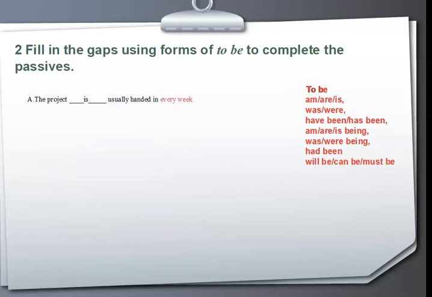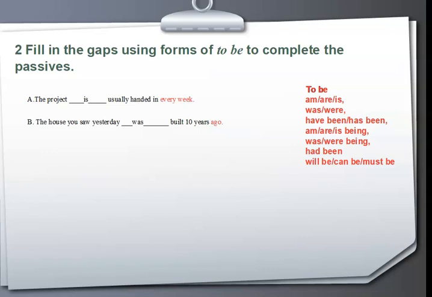So, the project is usually handed in every week is the correct option for the first sentence because we're dealing with the present simple tense due to having every week in the sentence. Okay, every week tells us we are dealing with the present simple. The house you saw yesterday was built 10 years ago.